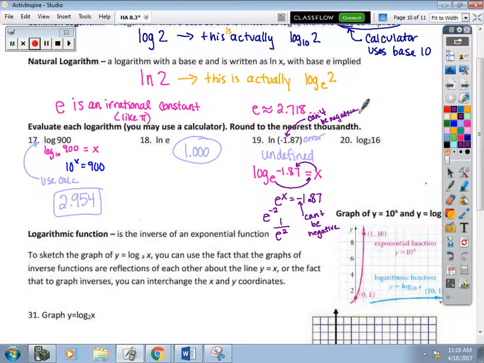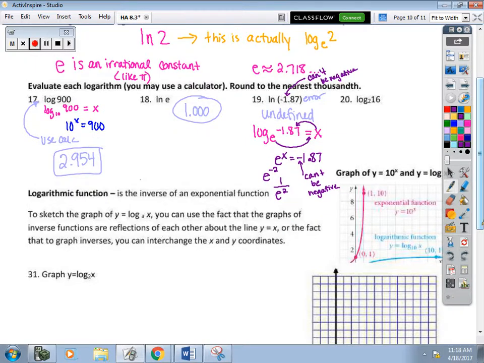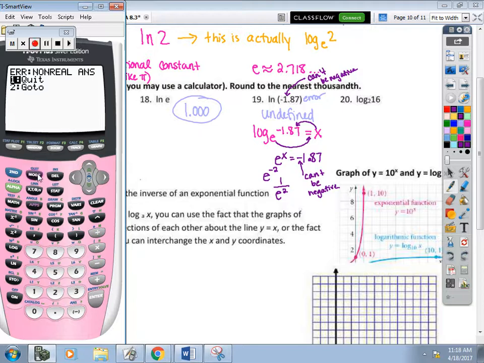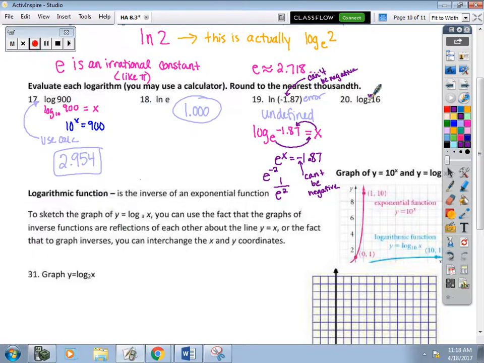Now, number 20. Go to try to put this in my calculator. It's log base 2. My calculator only does the common log base 10. So we can't use the calculator because it is not base 10.